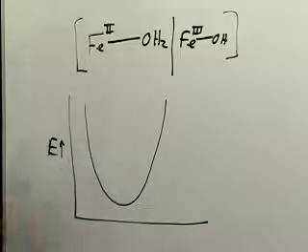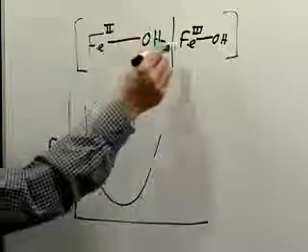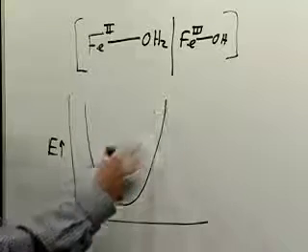I want to consider the coordinate that consists of the antisymmetric stretch for the bond. We have the long ferrous and the short ferric, and we want the ferric to expand at the same time that the ferrous is shortening. And this will give us this sort of potential energy surface.